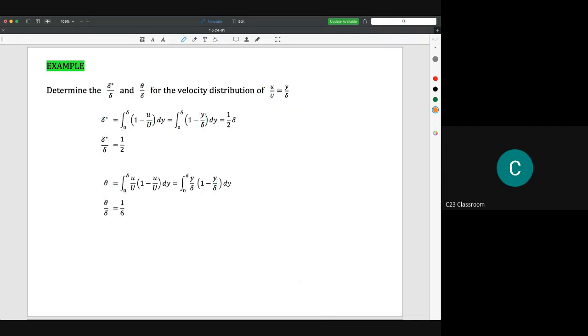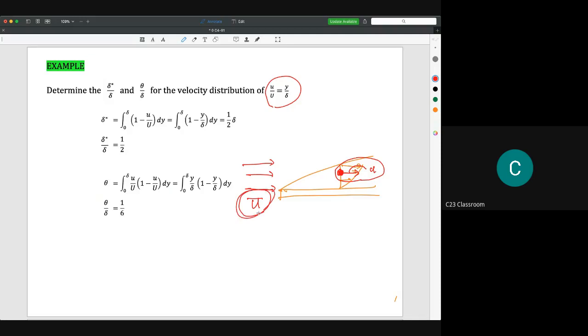So the u over U means that if we have a flat plate like this, and we have a boundary layer like this, the u over U actually reflects the ratio between the molecule here, which has small u, and the free stream velocity here, which is capital U. So u over U reflects the percentage or ratio between the local velocity and the free stream velocity.